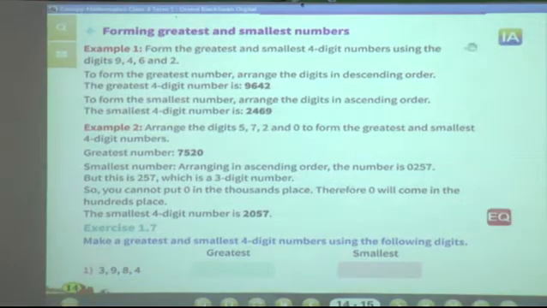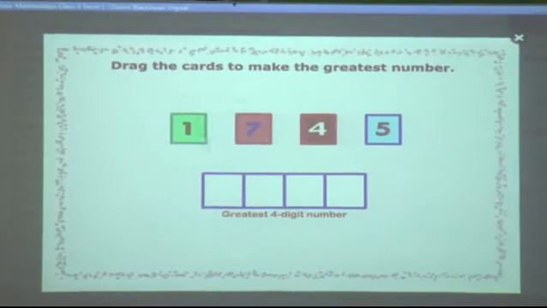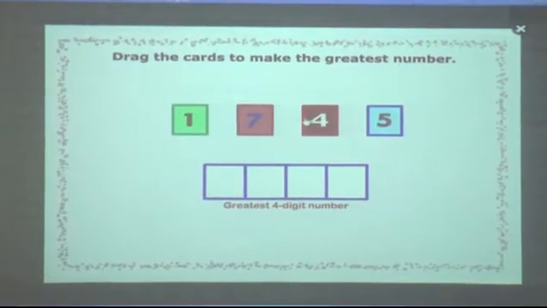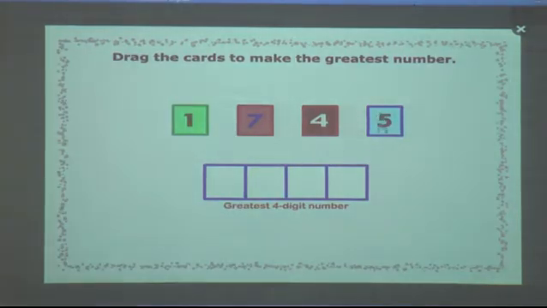For example, now see this. Here 4 digits are given to you. Can you see these digits? 1, 7, 4, 5. By using these 4 numbers, we have to form the greatest 4-digit number. Read the question carefully.